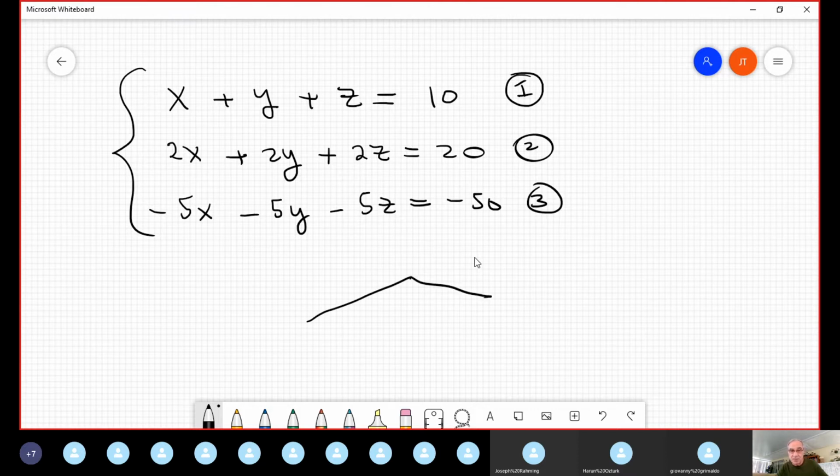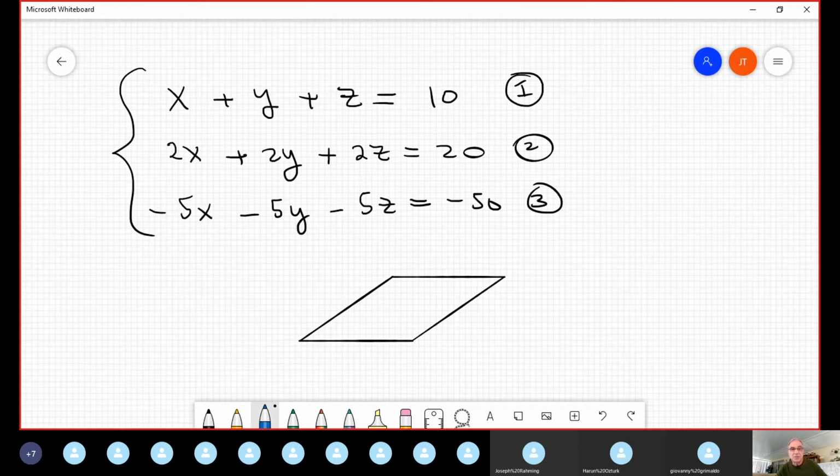So suppose that in black color, this plane represents the first equation. But the second equation is the same plane because the only thing you did is multiplication by a number. And the third equation is also the same, because if you multiply the first equation by negative 5, we get the third equation.